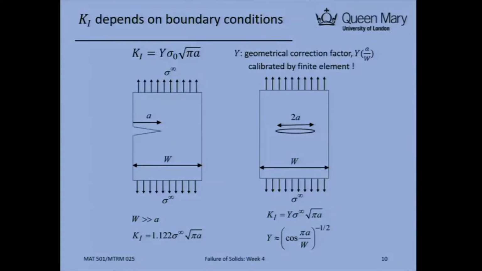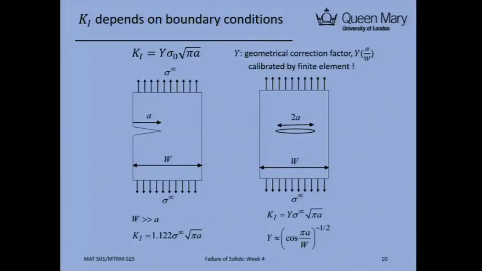You normally need that because remember, all the analytic solutions are approximations. They're not the real calculation. So people get the exact solution from finite element, and then they calibrate when you define different crack lengths a and different loads, and then you get these Y parameters, which in most cases are close to 1.